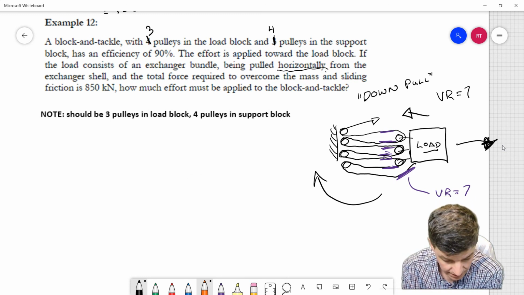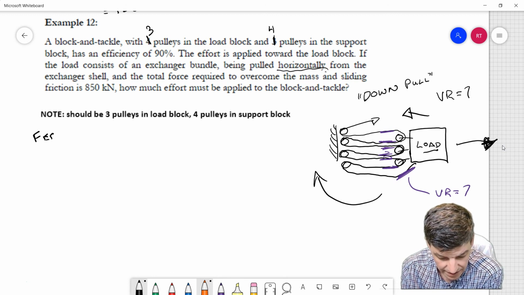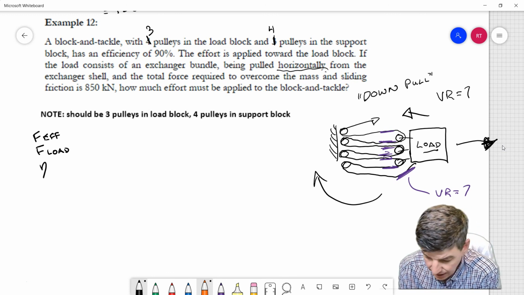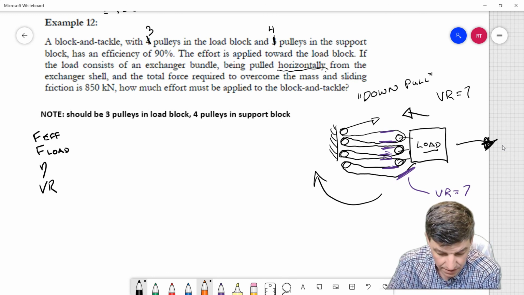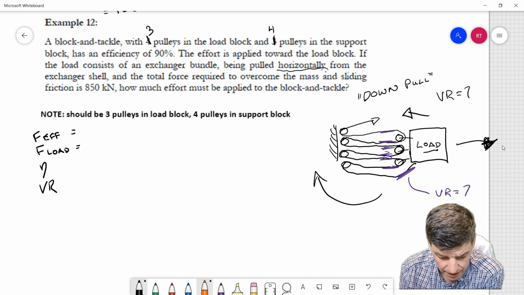What we have would be some forces: a force for an effort, a force for a load, an efficiency, and a VR value. Fill in what I know.